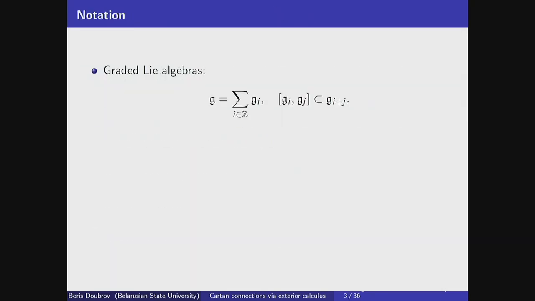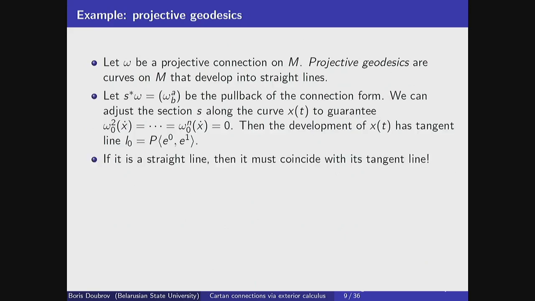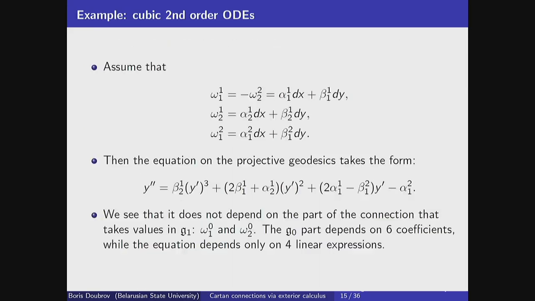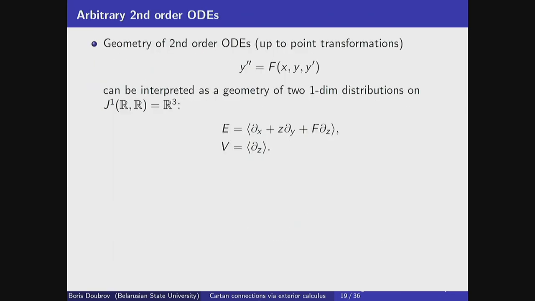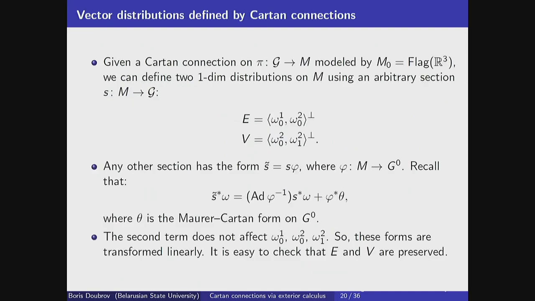I'll skip what we had before, up to where we stopped last time, which was the association of a Cartan connection with arbitrary nonlinear second order ODEs. So we did this last time.